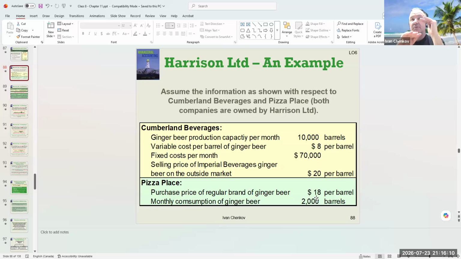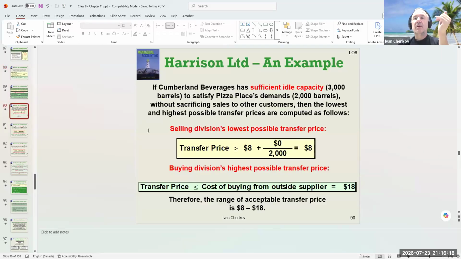The minimum transfer price is always going to be the variable cost of the selling division. And then you have to watch whether the selling division has the capacity or not. If it has the capacity, only the variable cost will be a component of the minimum price. If they don't have the capacity, then you have to consider the contribution margin loss for the units that they're losing over the entire transfer.